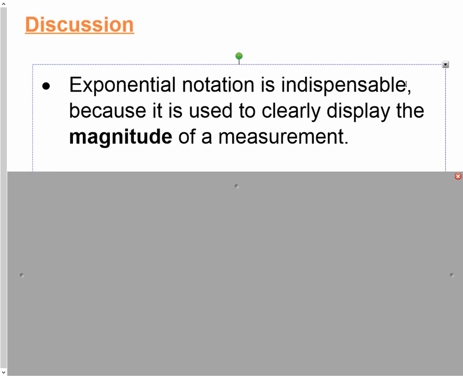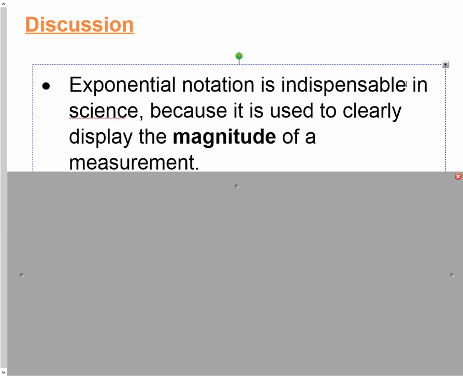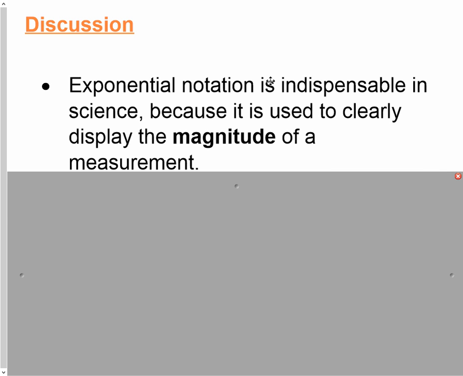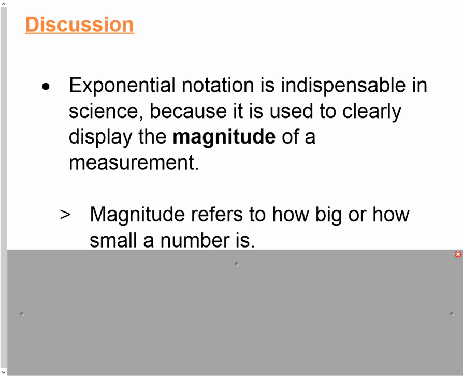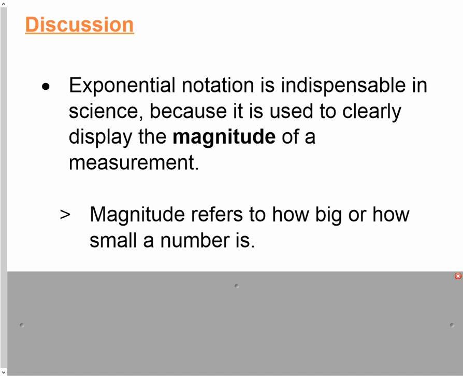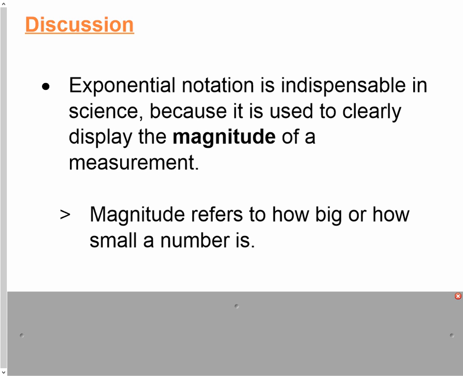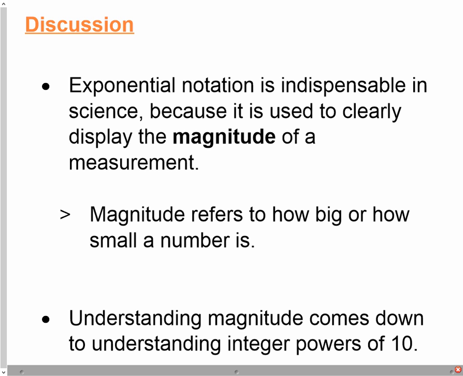You guys have probably used exponents somewhere in science. It really is used a lot in science and math, obviously, but magnitude, the size of things. Magnitude does refer to how big or how small a number is, as we said with the earthquake. Understanding magnitude or size comes down to understanding integer powers of 10, and that's what we're going to mainly work on today.